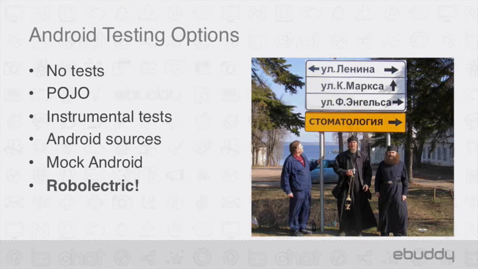I took this picture for those who don't understand Russian. The idea of the picture is that we have many directions. We are people, we are clever, and one clever solution is not to test at all. Unfortunately, that's not a solution for me, as for many other people.